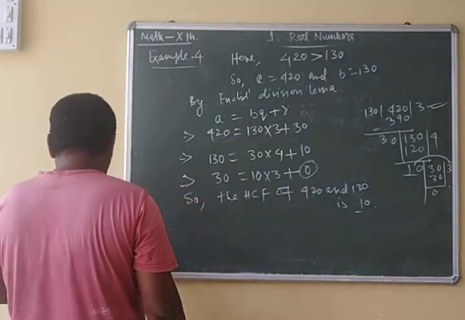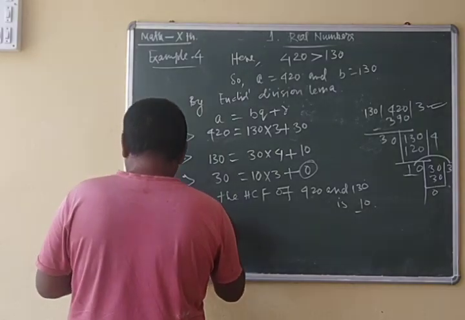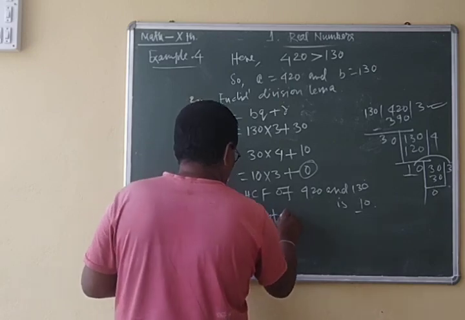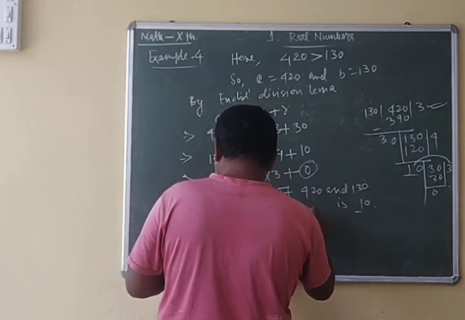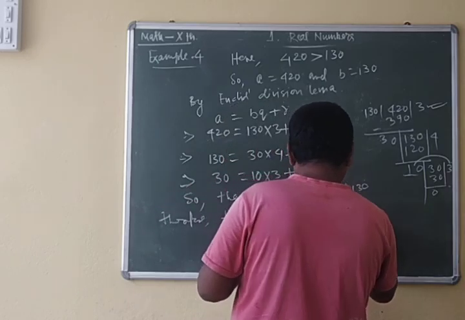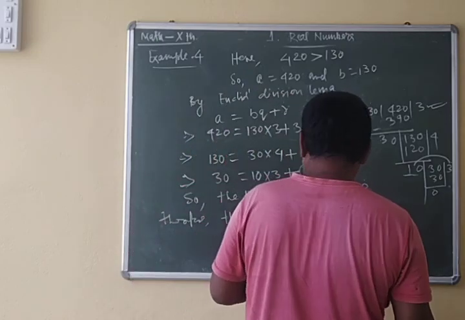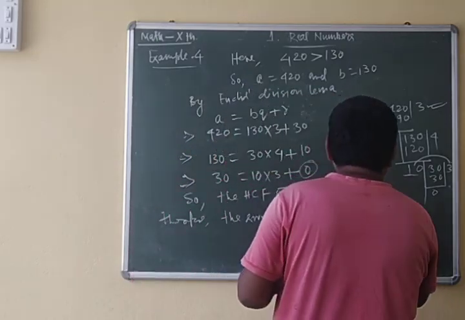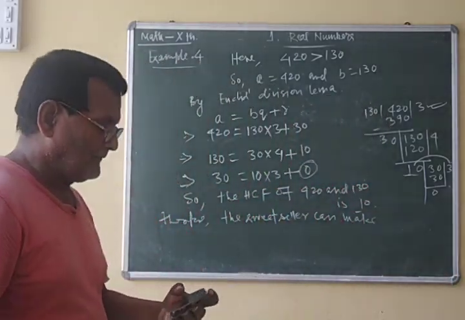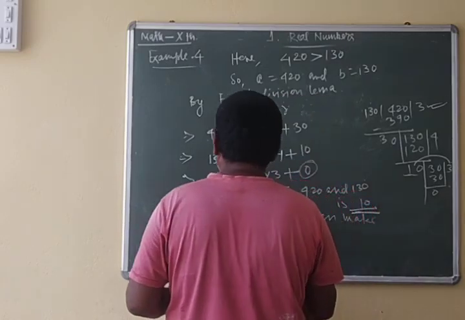Therefore, the sweet seller can make stacks of 10.